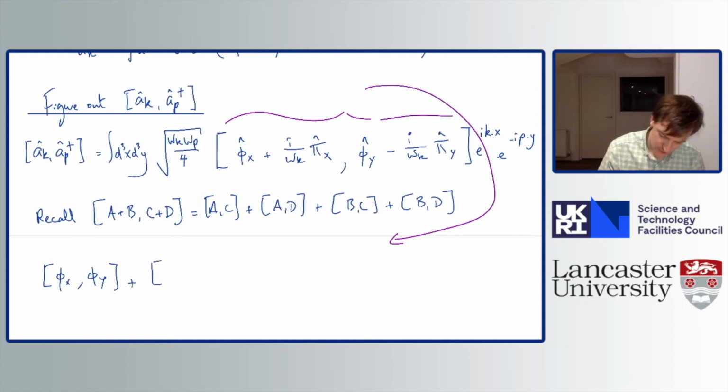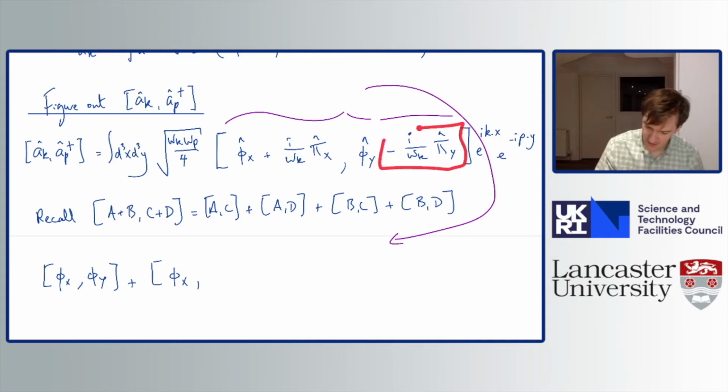Okay, and let's just work through. So we have A with D, and D is obviously going to be this combination, so minus I over omega k, pi y.